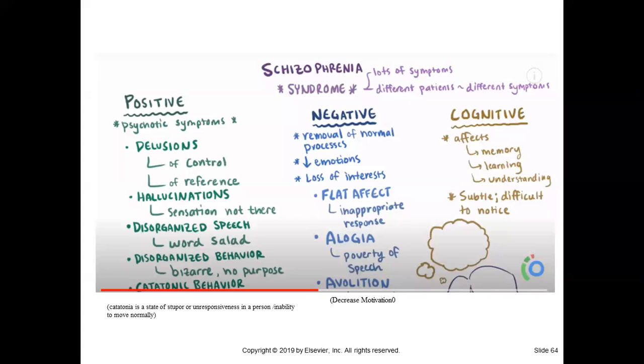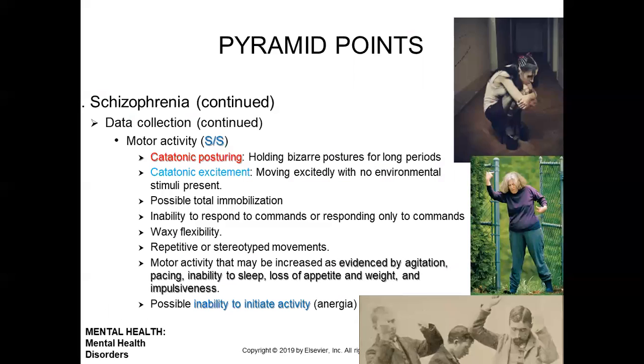And bizarre or purposeless behavior. You see, this is the first picture. The patient can sit like this for a long time, and this is totally purposeless. And this patient has, you see, the body posture and hand movement, they can stay in this position for a long time.